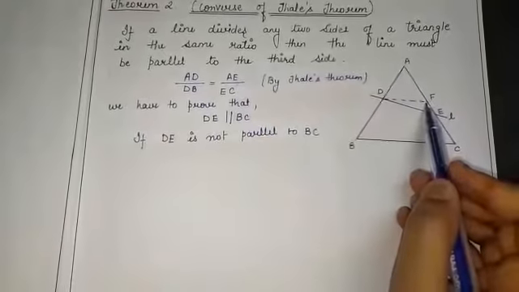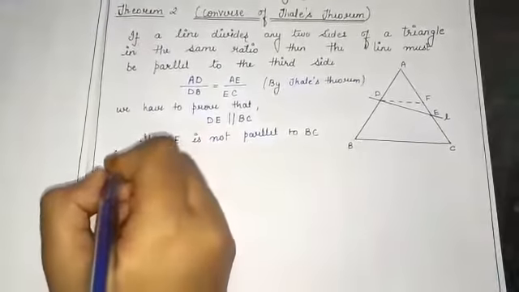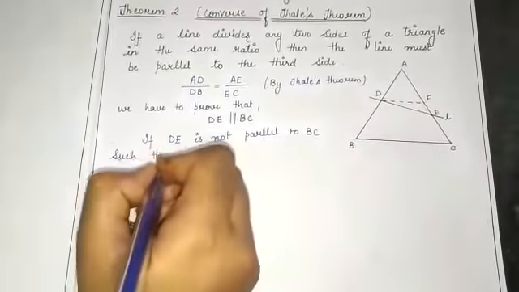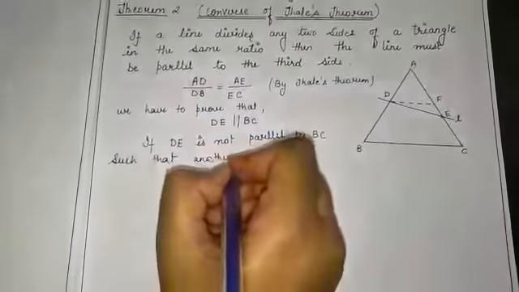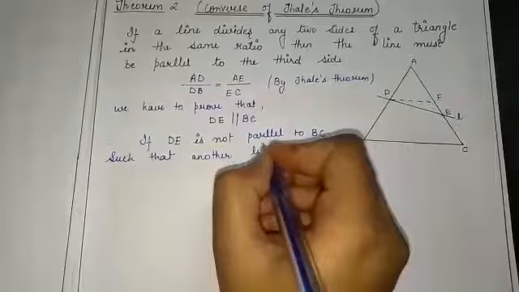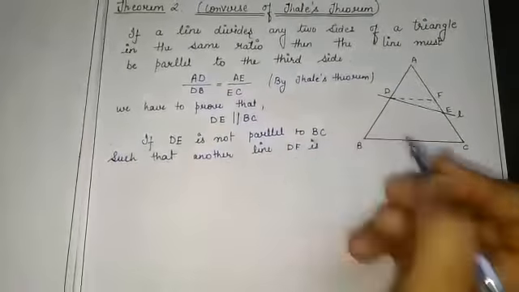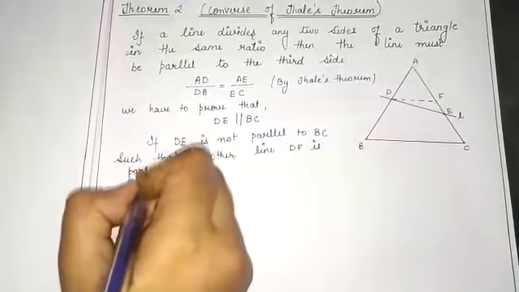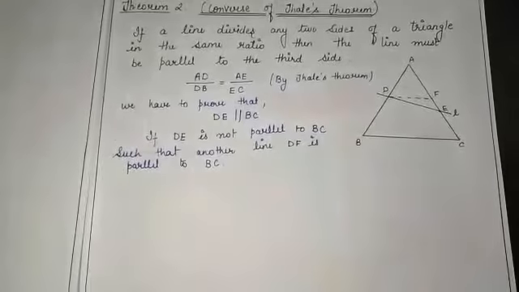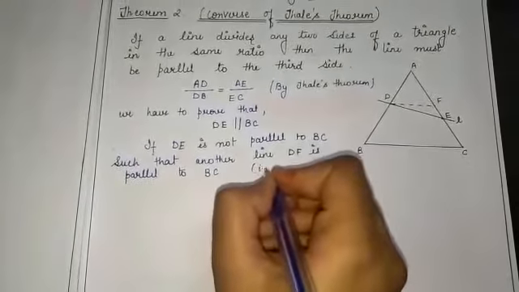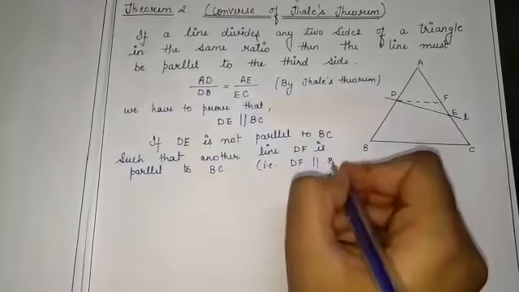This is the other line which is parallel to BC. So DF is parallel to BC.